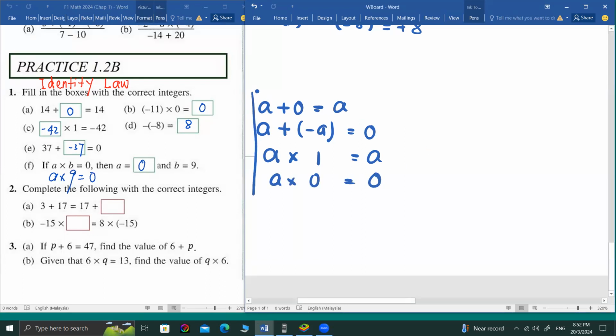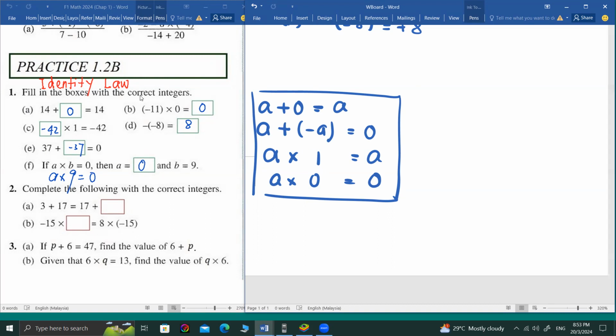Yes, copy this. This 4 we call what? Identity law. Why I asked you to copy this? Because before they write any one of it, they might ask you what is the law that is used. 用什么 law? So you tell identity law. 他会问你用什么 law 来做，你讲 identity law. 明白了没有？看到吗？Copy somewhere, please. 这4个 formula is identity law.